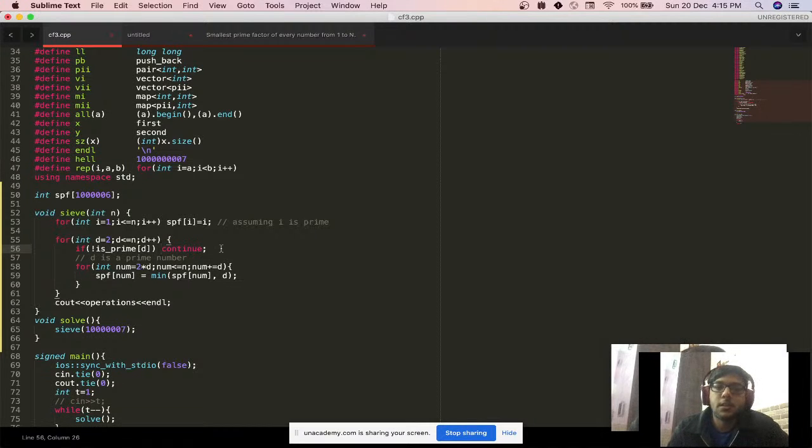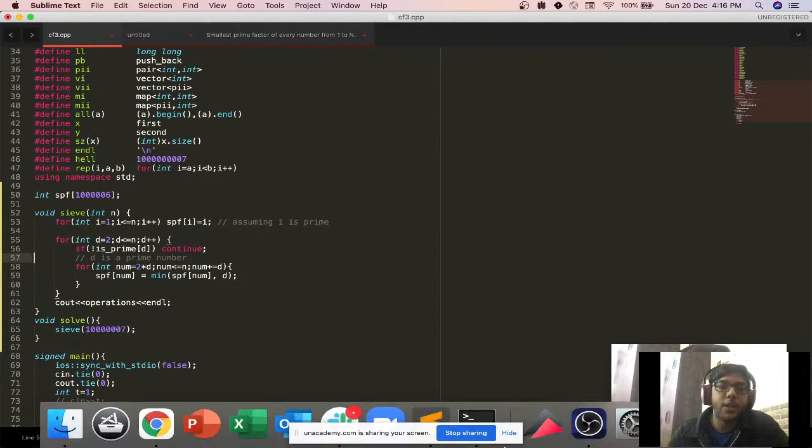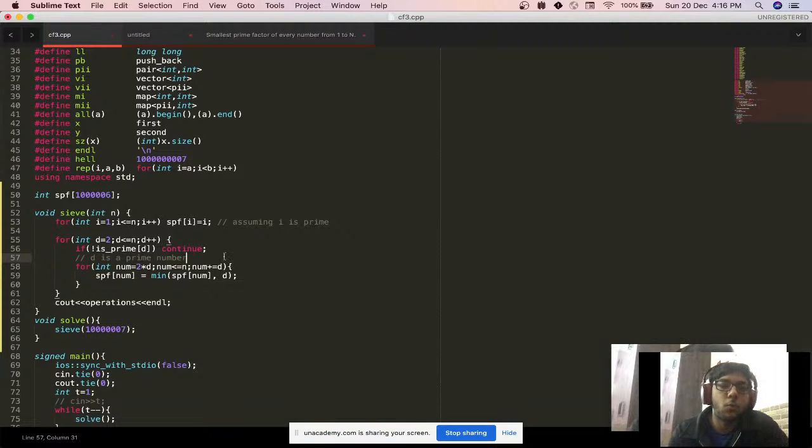We don't want to iterate over multiples of 6 again, as they have already been covered when multiples of 2 and 3 were being iterated. 6 doesn't need to go and tell 18 that you are not prime, because 18 has already been told by 2 and 3. So we don't need to iterate over multiples of 6. Basically, we don't need to iterate over multiples of any non-prime, any composite number.